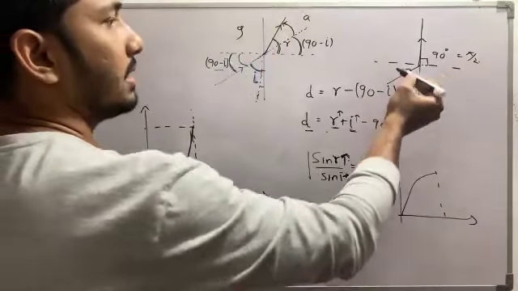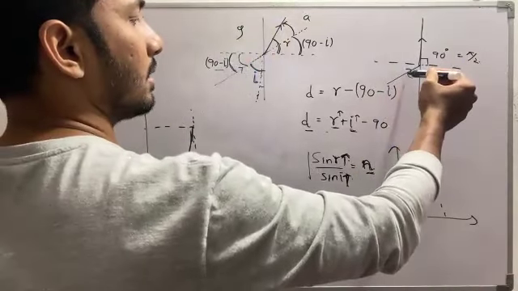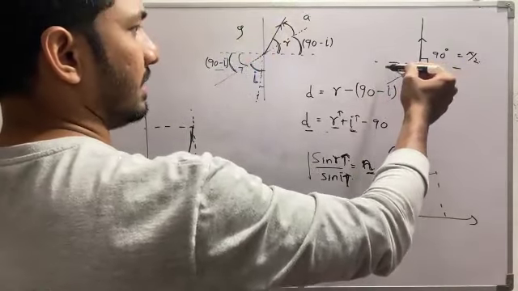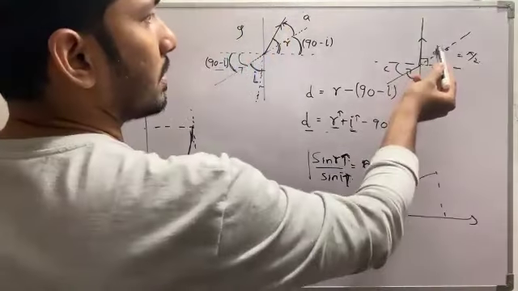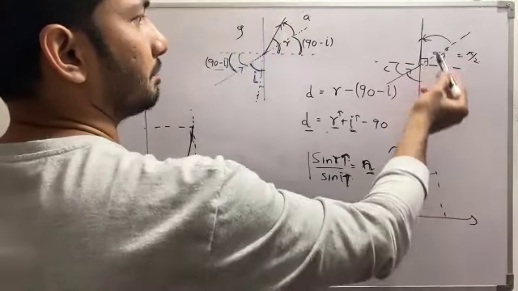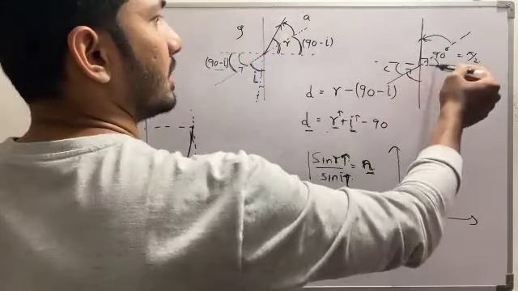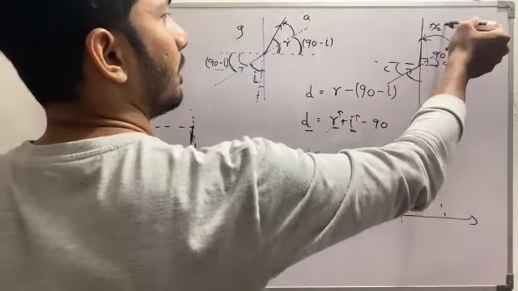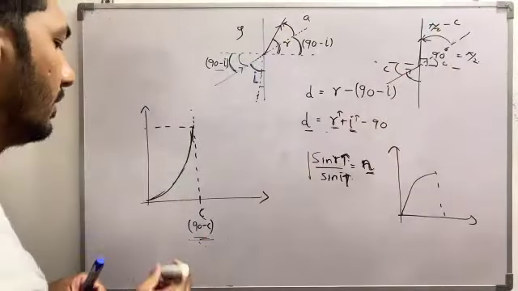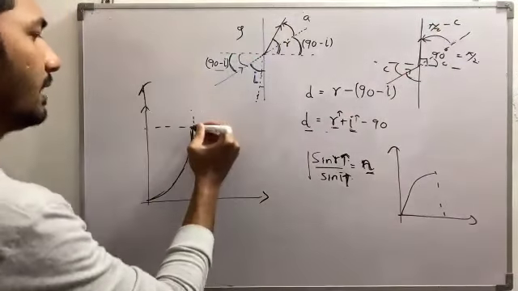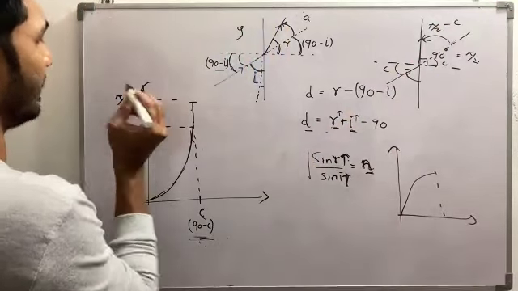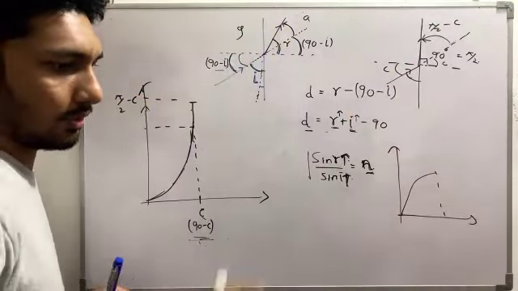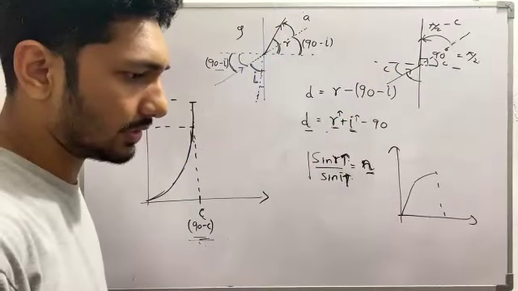If this is the angle, if this is C, what is the deviation? This difference, no? This is C, so this will be pi by 2 minus C. So when it is equal to C, it will immediately go to pi by 2 minus C. So that jumping is shown.